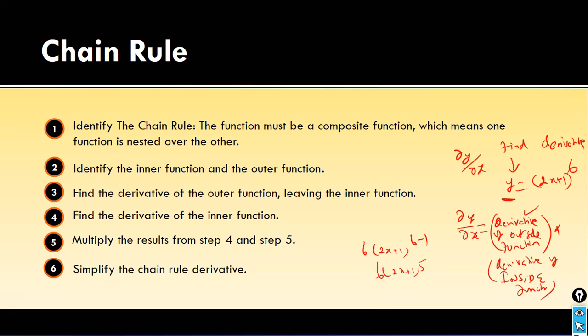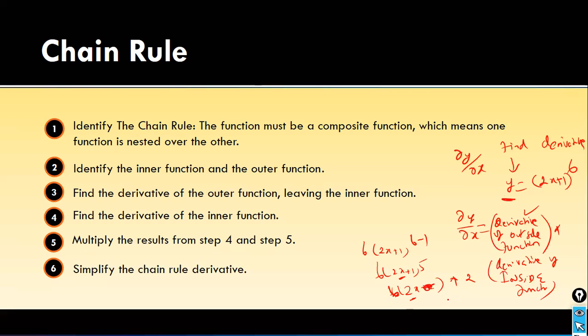Since we are taking the partial derivative with respect to x, the rest of the values are considered constant. The 1 will become 0 and go away, and you are left with only the 2x. The coefficient of x is 2 here. So here it is 6 into (2x + 1) to the power 5 into 2. The coefficient of your x is 2 because we are taking the partial derivative with respect to x, and the constant goes away.